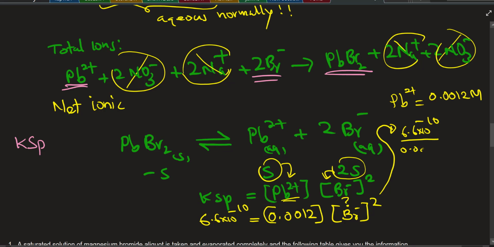In order to get rid of the power of 2, you're going to have to take the root. So let's take the root of each side. So that will cancel the root and the Br squared. So therefore, now you have the bromide concentration. If you have the bromide concentration, it's the same as the sodium bromide concentration.